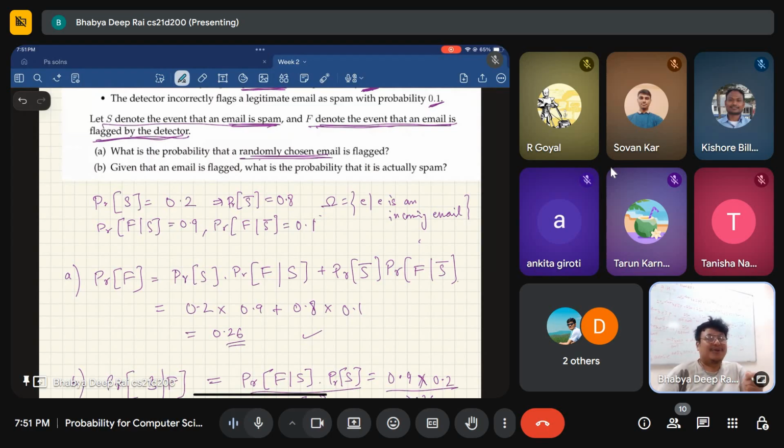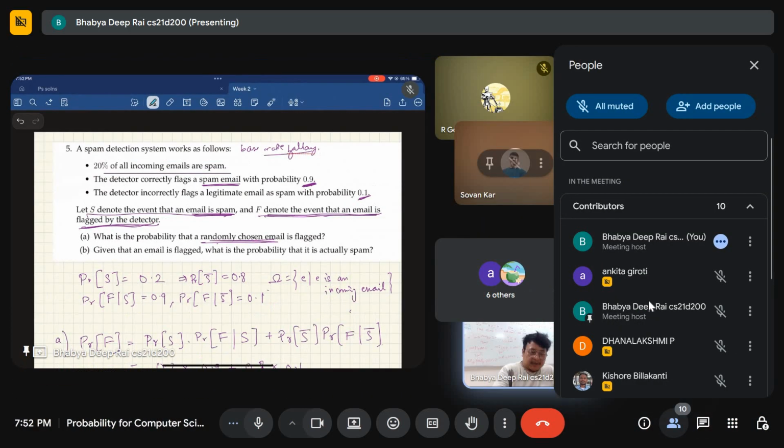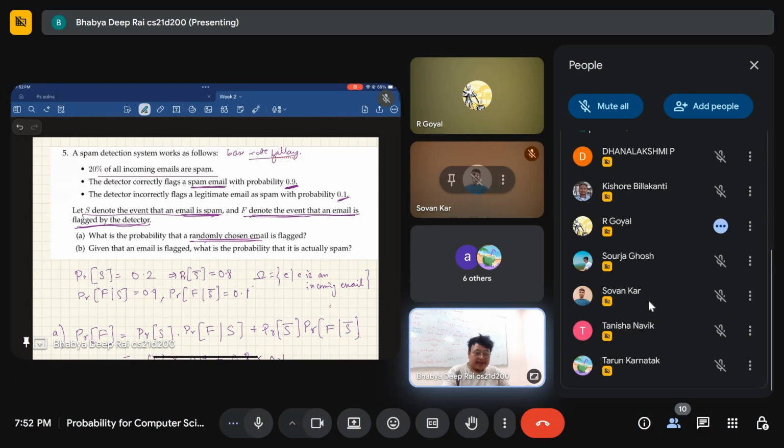We'll see an even more extreme example next. But this is clear, right? Okay, others also, it's clear, right?